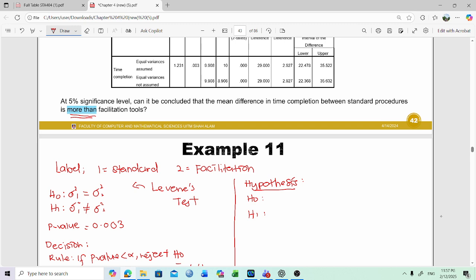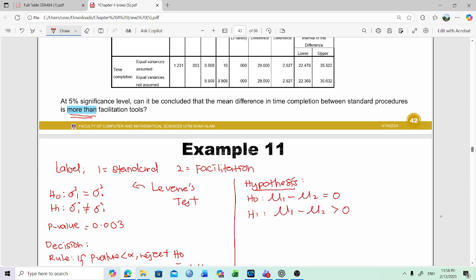For now, we want to know whether our mean is more than, is less than, or unequal. But for this case, it is more than. Okay. So mu1 minus mu2 equal to 0 and mu1 minus mu2 greater than 0. For this one, it is a one tail test, right? Or right tail because of the greater than symbol.